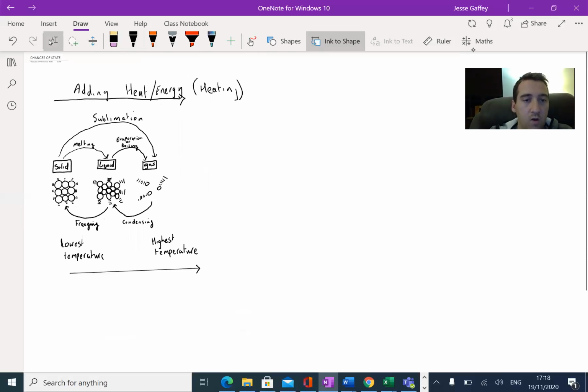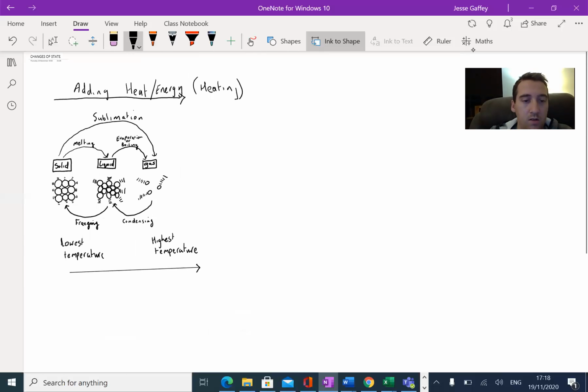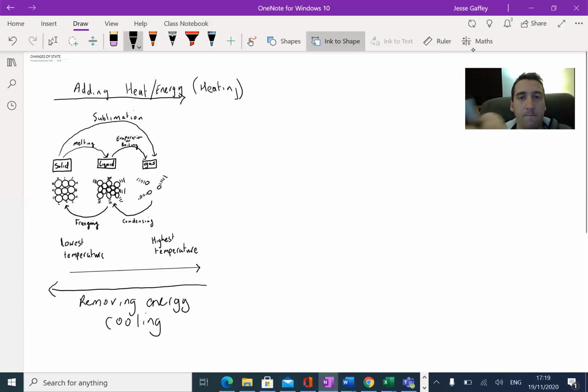Now, when we're going the opposite direction, from a gas back to a liquid, we are removing energy. We call this cooling.